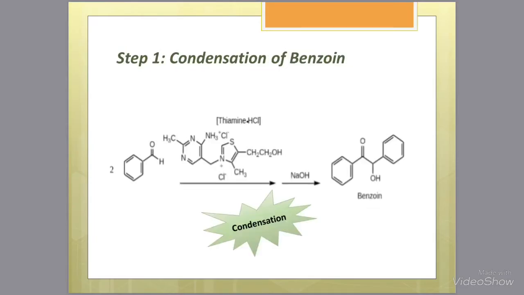Let's start with the first step, which is the condensation of benzoin. In this reaction, benzoin will be produced by the dimerization of 2 molecules of benzaldehyde.